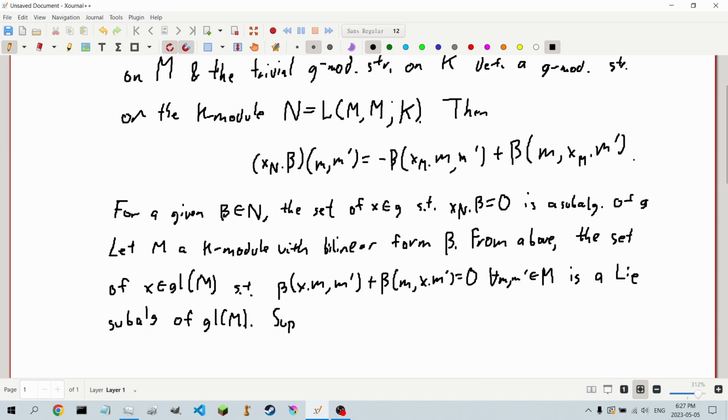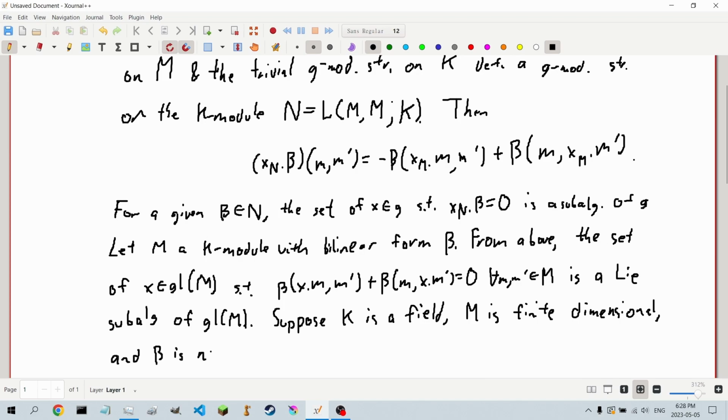Now, suppose K is a field, M is finite dimensional, as always, and that beta is non-degenerate.